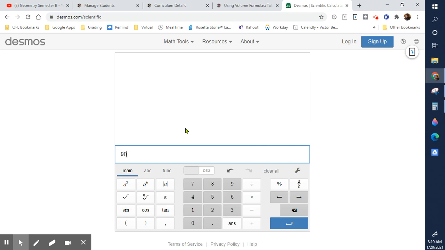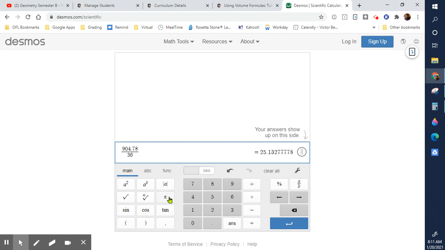So we're going to do 904.78. Use the division sign, and you can see what's on top and what's clearly on the bottom, making this easier so I don't have to worry about parentheses as much. When I do this, I get a clear 8.